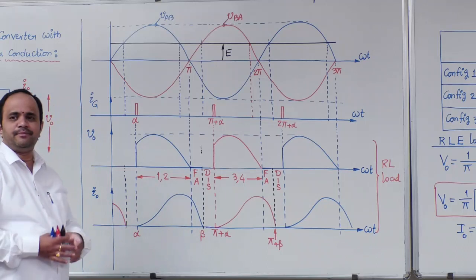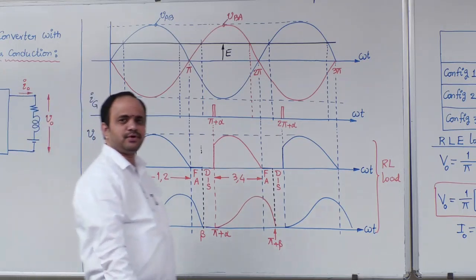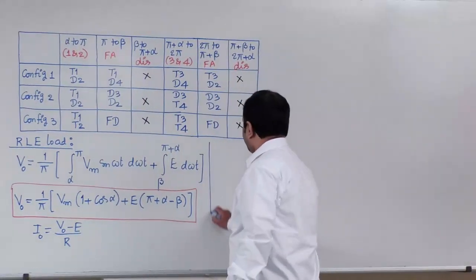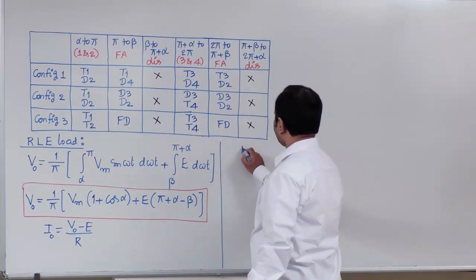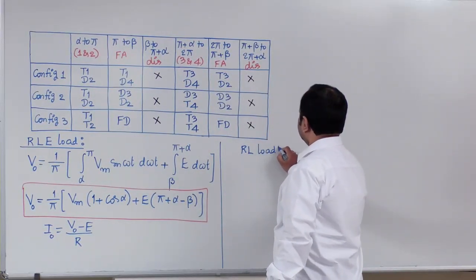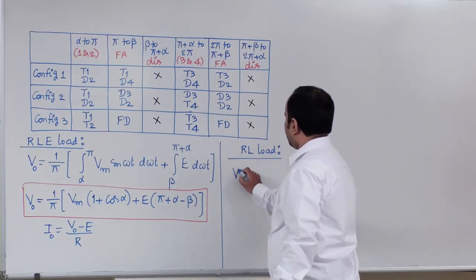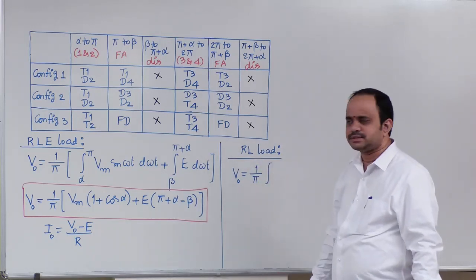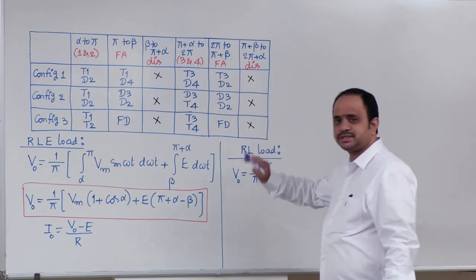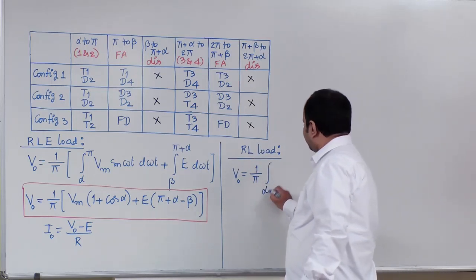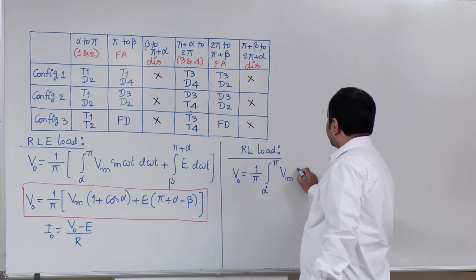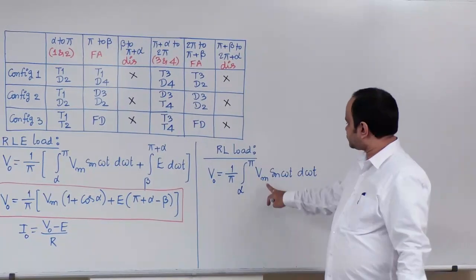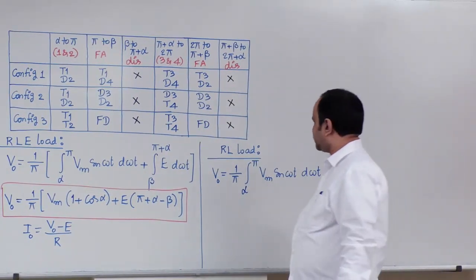Now from this waveform, let us look into the expression for average output voltage for RL load. What is the capital V naught equation? 1 by pi, periodicity is pi, with limits from alpha to pi of Vm sin omega t d omega t.